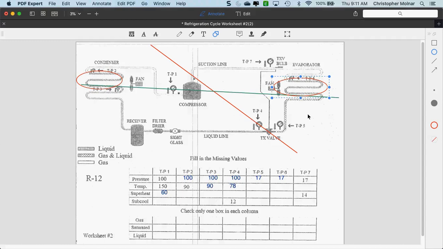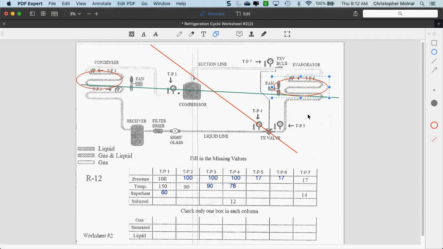Quickly, and I don't want to get deep into it because we haven't done the PowerPoint on this yet. But the other side of the system, TP5 and TP6. Between TP5 and TP6, do we have any temperature change? And it's okay to be wrong.